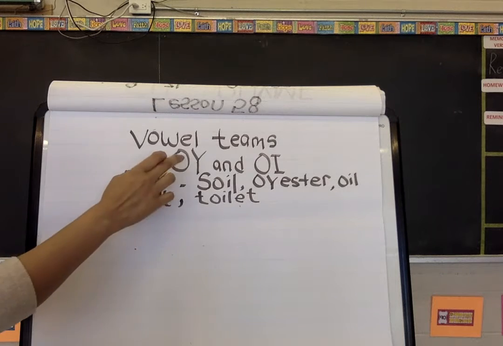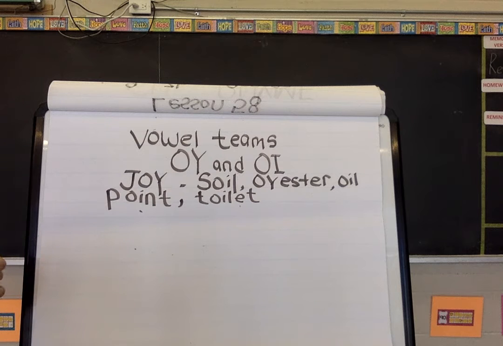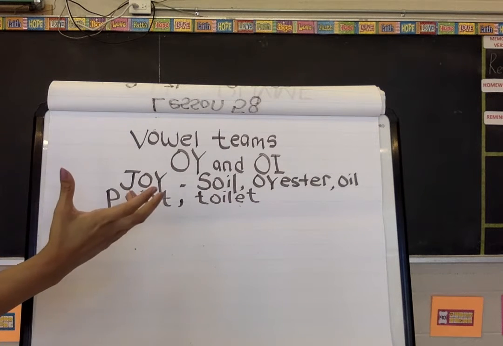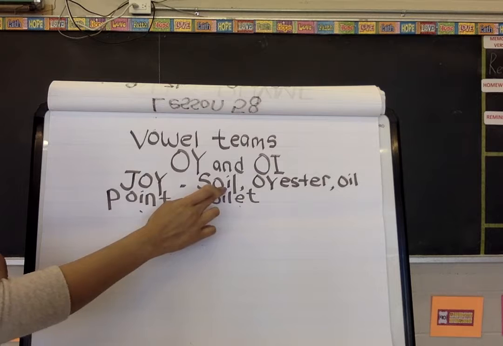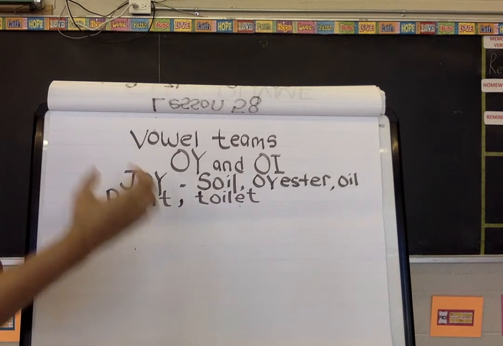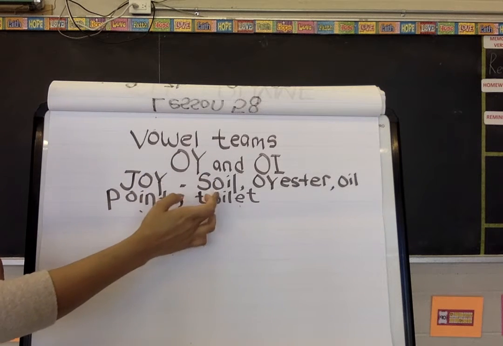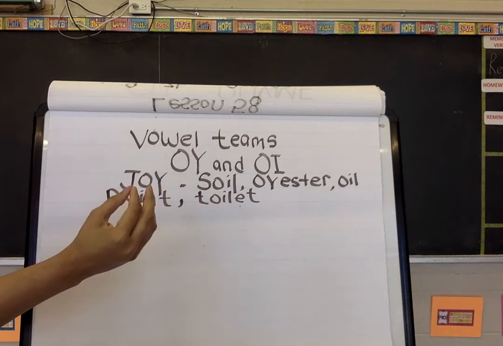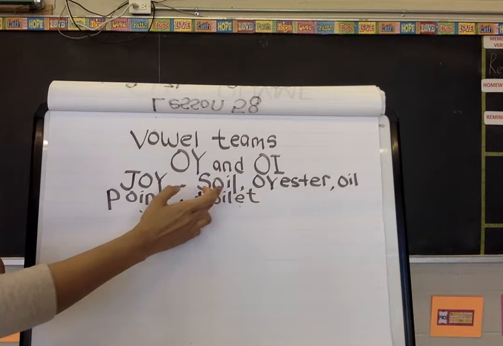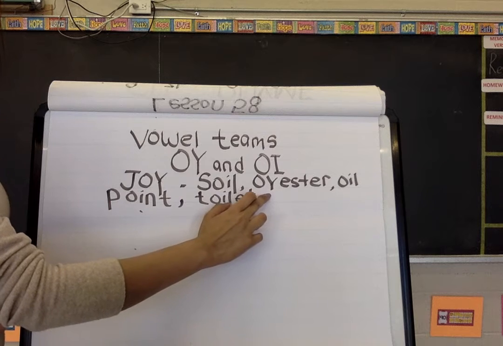Okay? So why do we spell some words OY and some OI? Well, whenever we have the OI sound in the beginning or in the middle, we usually spell it with OI and not OY, with the exception of the word oyster.